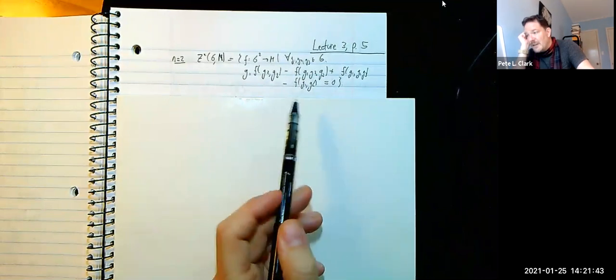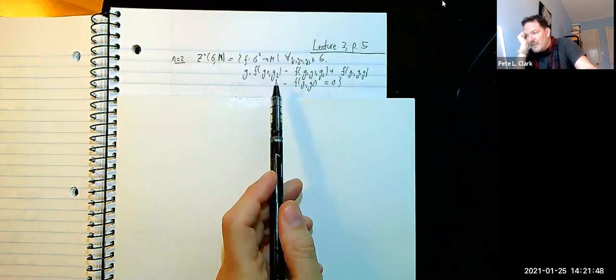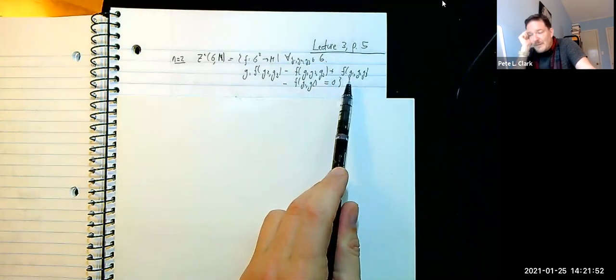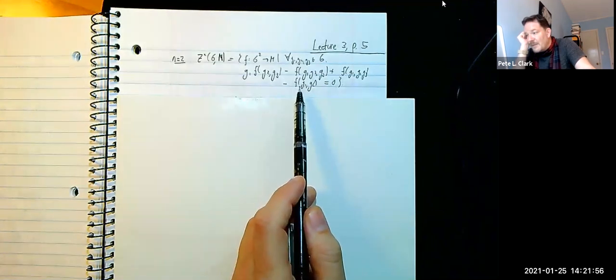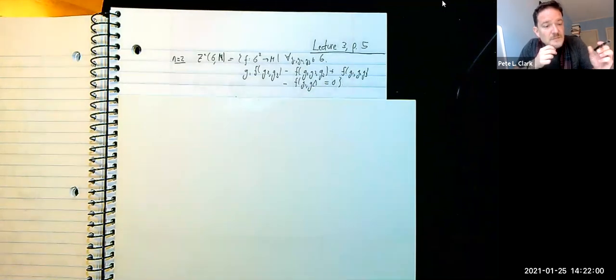So g1 times f of g2, g3 minus f of g1 g2, comma g3 plus f of g1, comma g2 g3 is equal to f of g1, g2.